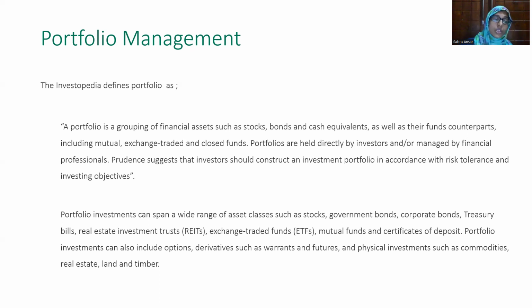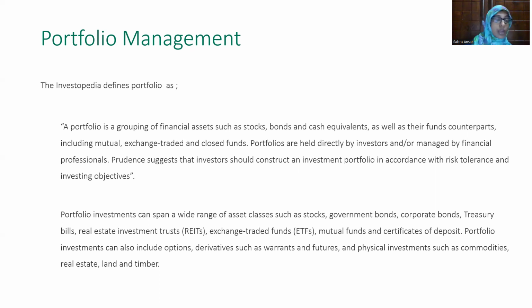Also moving on, portfolio investment can basically be a wide range of assets, which could be different asset classes, as I told. It could be stocks, government bonds, treasury bills, real estate investment trusts, corporate bonds, exchange traded funds, which is ETFs.